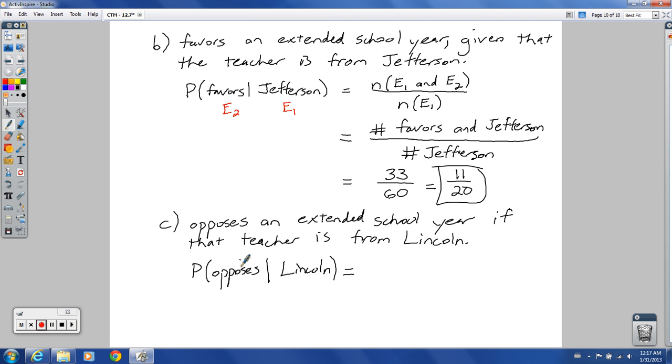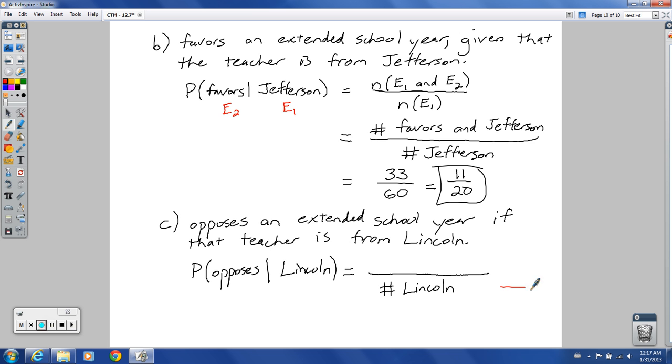Could you write this and label these E2 and E1? Yeah. I think, though, this is what I was talking about earlier, where I'm going to try to condense things, just simplify them, make them easier to think about. So up here, we could just go to this idea. What's the total things you have to choose from? Well, that's the total number of teachers from Lincoln that got surveyed. So given that, that's the part that goes on the bottom. The given that part goes on the bottom, and then what you want goes on the top.